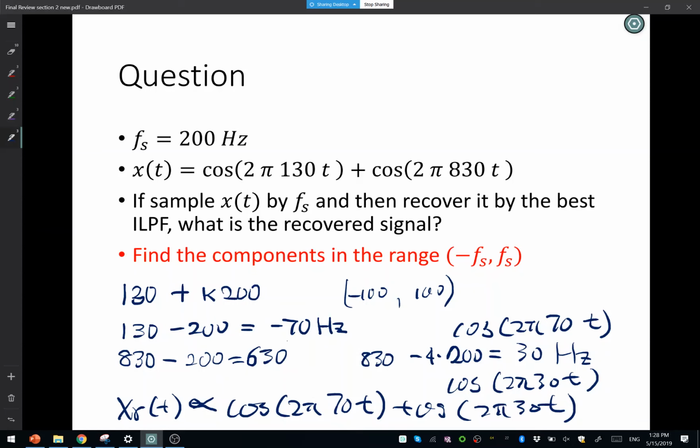And is that negative 70? Negative 70 is the same as 70. Well, it's not always true, but usually it's true because usually we only have signals that are symmetric. So any question?